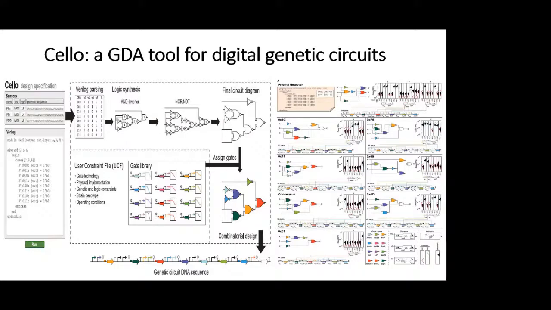We need to implement the same concept in other kinds of circuits, and this will improve with time, as this kind of automation is not as straightforward as in digital genetic circuit design.